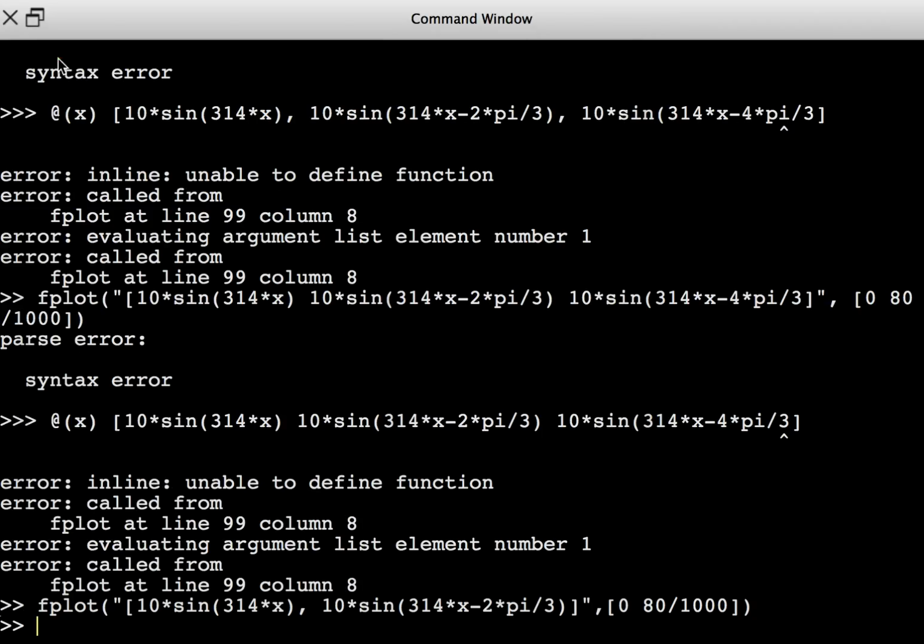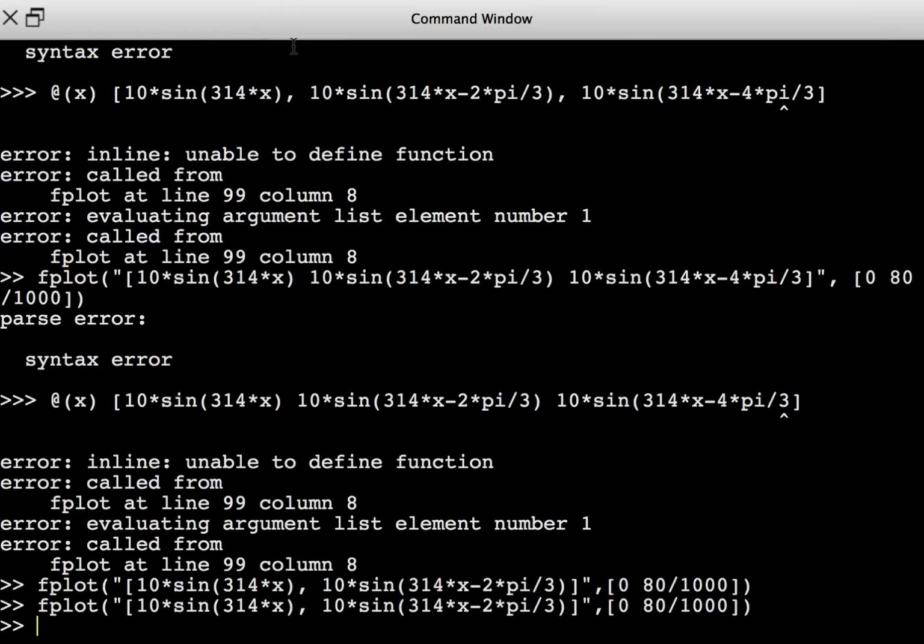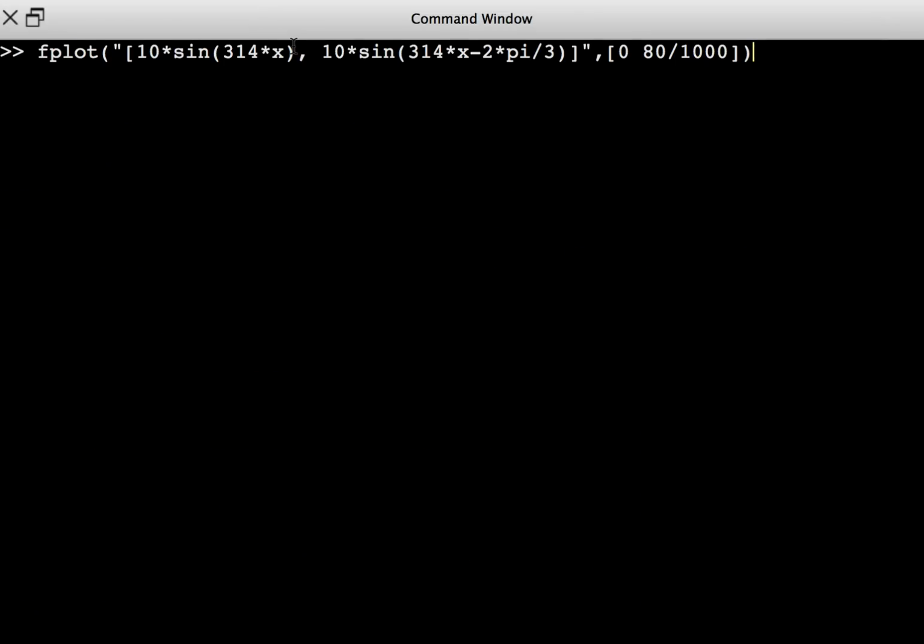I think this is only two. Let me do the third one. Okay, sorry for the confusion. So 10 into sine 314 into x minus 4 into pi by 3. I might have made a syntax error in the previous one, so this should work.